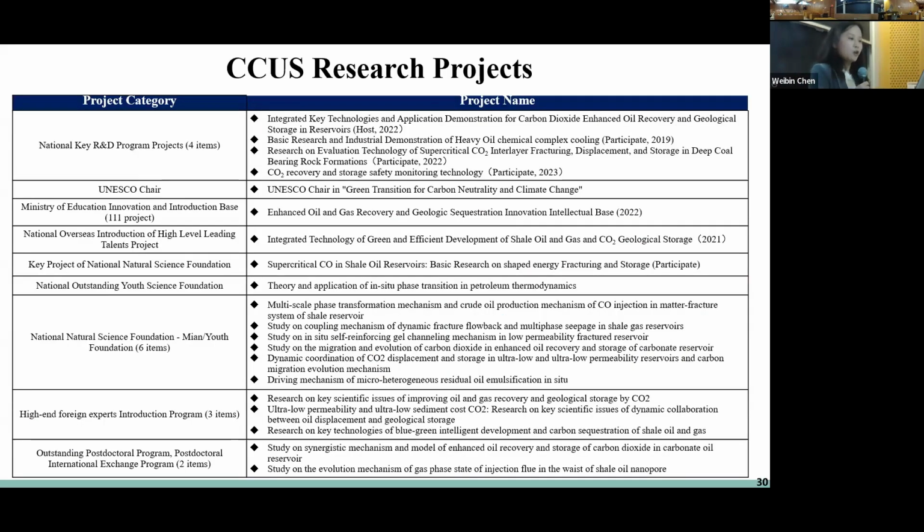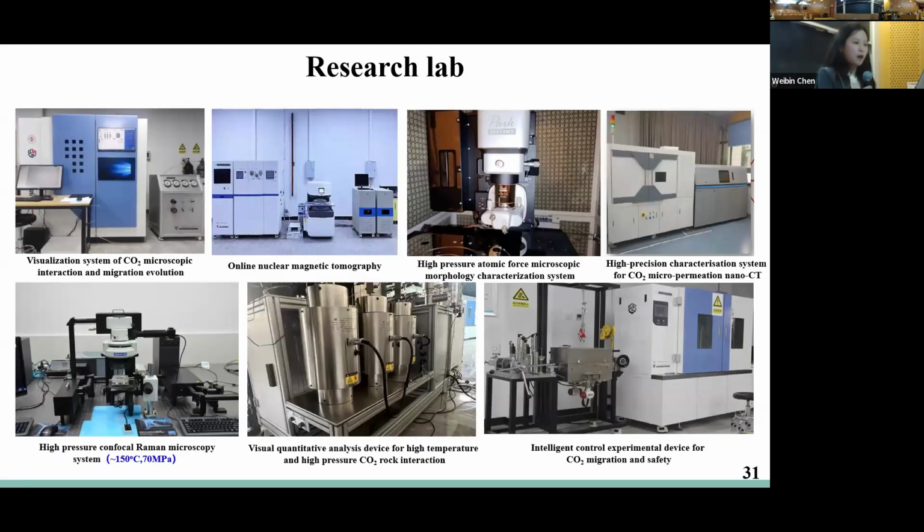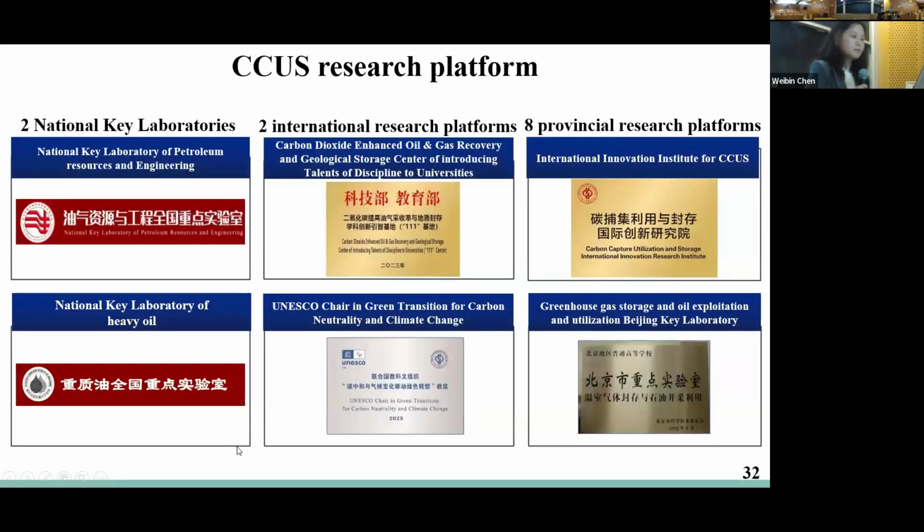And these are our group's research projects on CCUS, including 4 items of National Key Program projects and also municipal projects, and the Ministry of Education Innovation and introduction base, and so on. And this is our lab, including carbon dioxide microscopic visualization, nuclear magnetic tomography, nano CT and Raman microscopy.